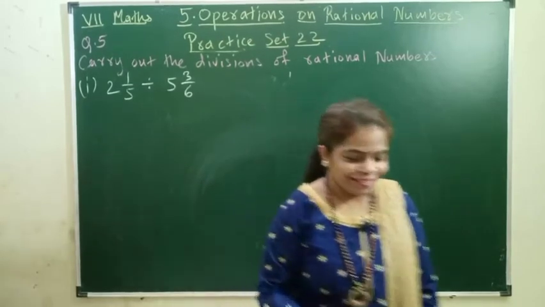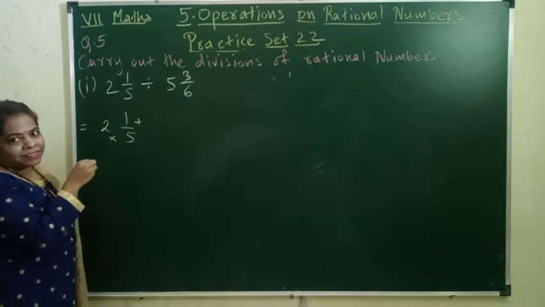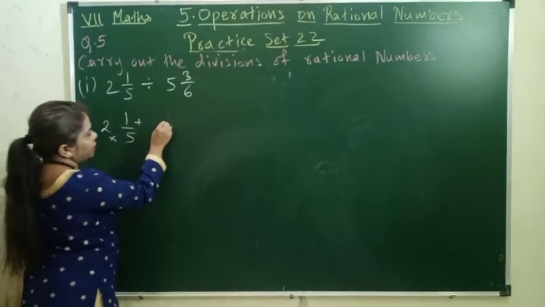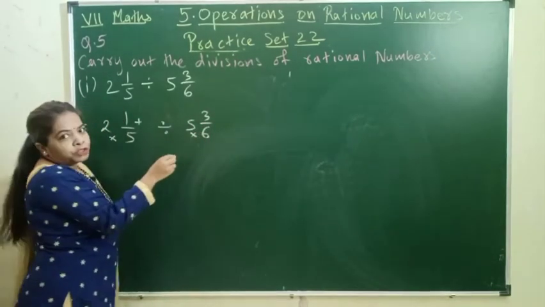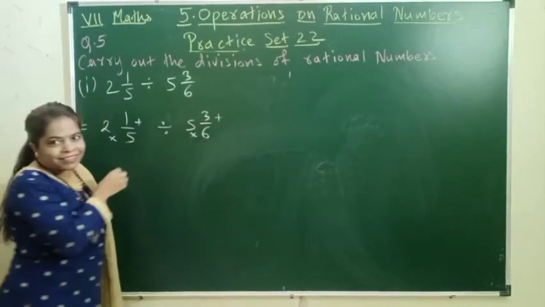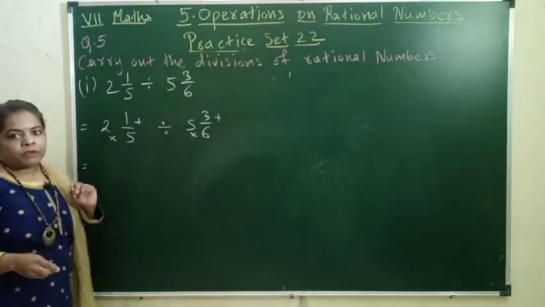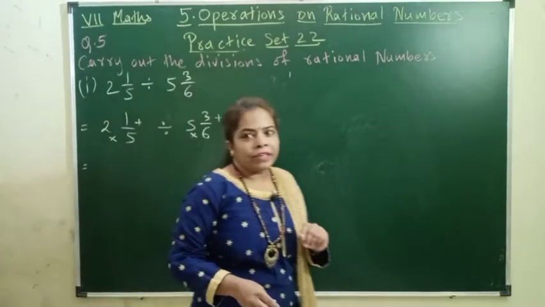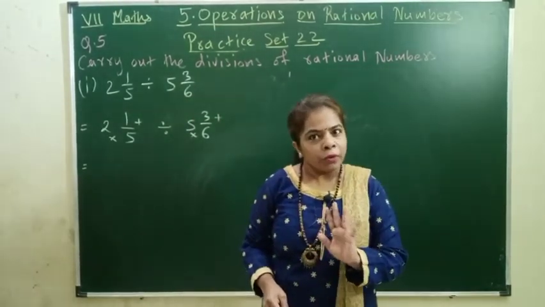Let's start. Into plus. I'll write the second one, children. Into plus. Okay, now first we will convert them into improper fractions and then we will solve this. Until then we will not do anything.